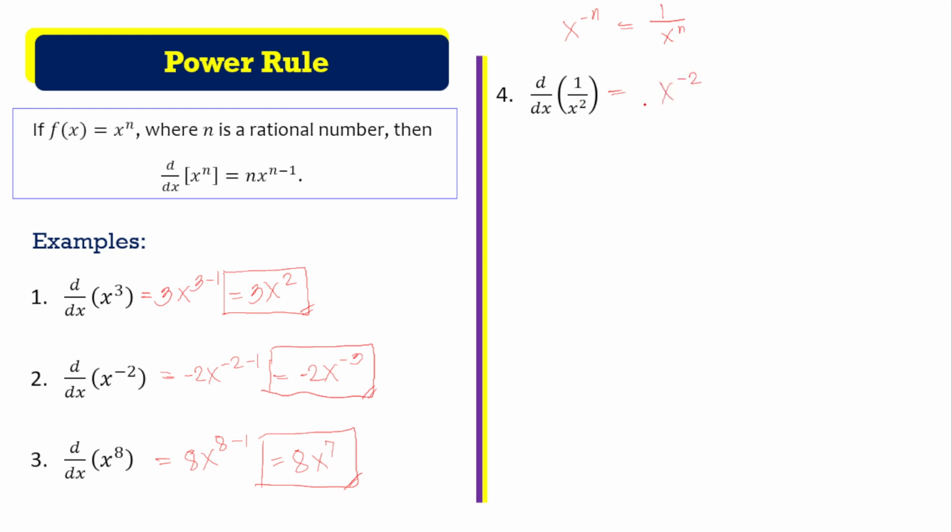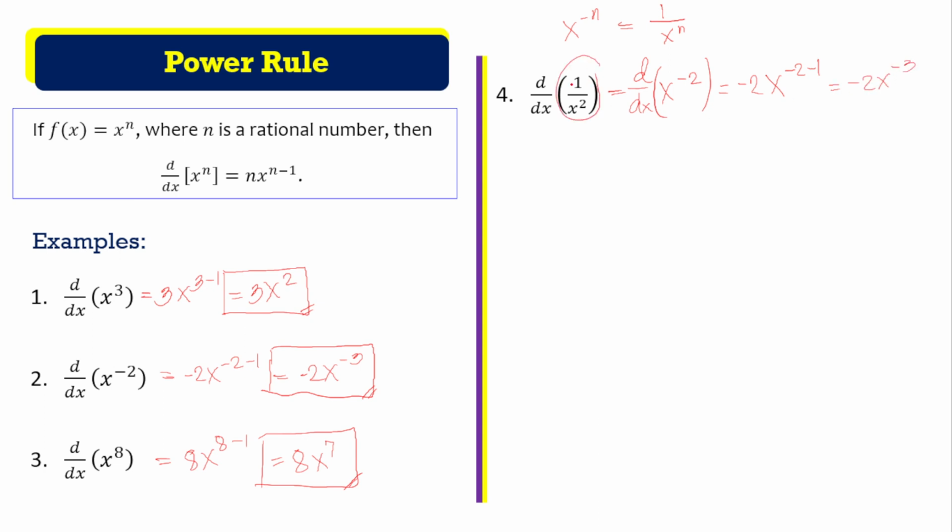That's our n. Then get the derivative of that. The derivative of x raised to negative 2 is simply multiply the exponent negative 2 to the coefficient 1. There's a 1 there beside the variable x. So negative 2 times 1 becomes negative 2. Copy the variable, subtract 1 from the exponent. Then that becomes negative 2x raised to negative 3.